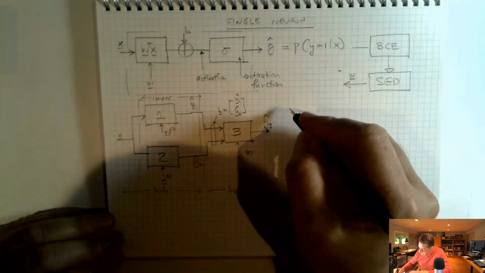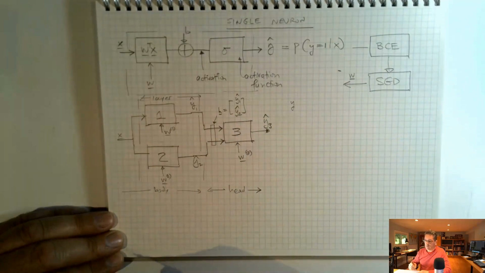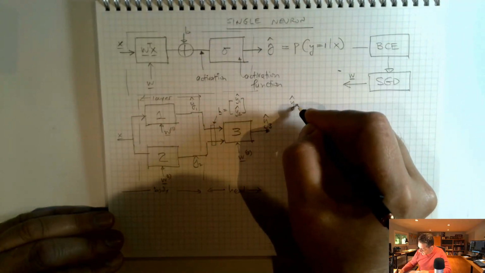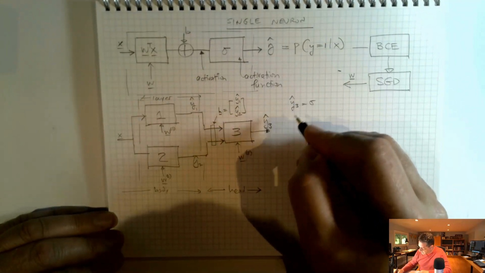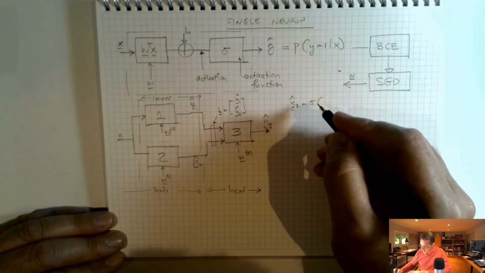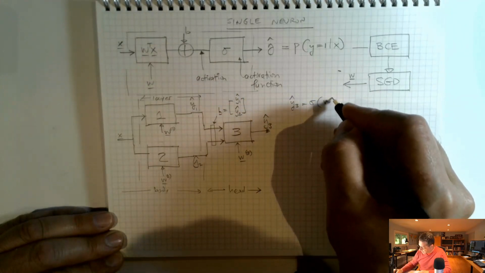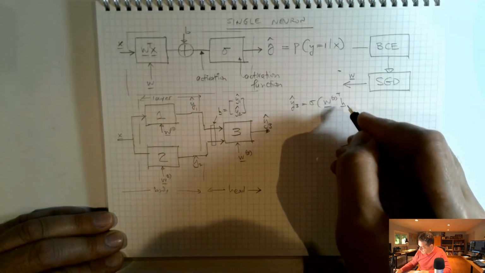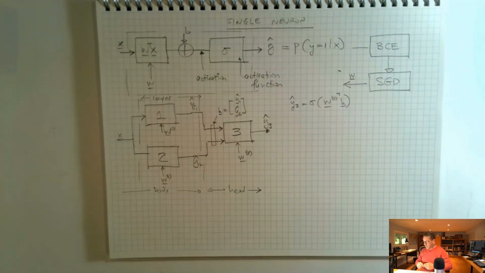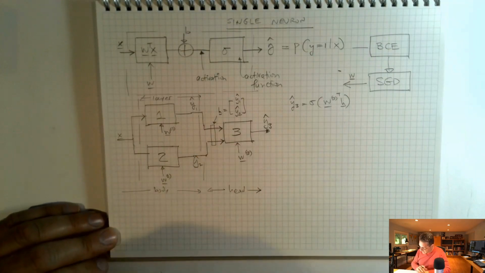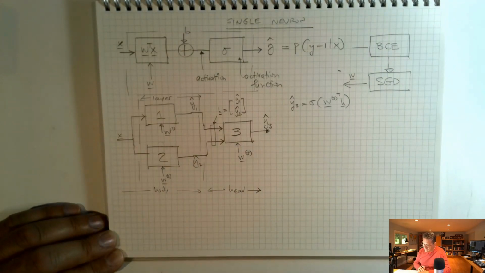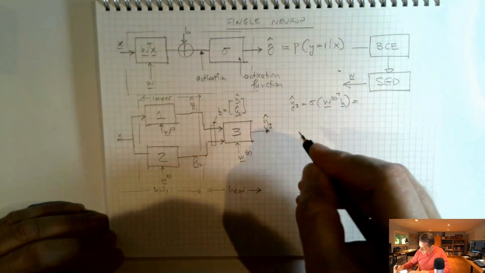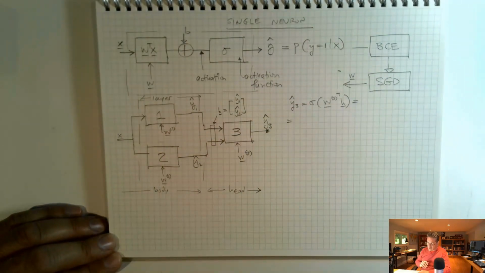Okay, so if we are to write down the equation of y3, this is sigma of w3 transpose h. That's the equation of neuron number 3. That is exactly the functional form of what neuron 3 is actually doing.